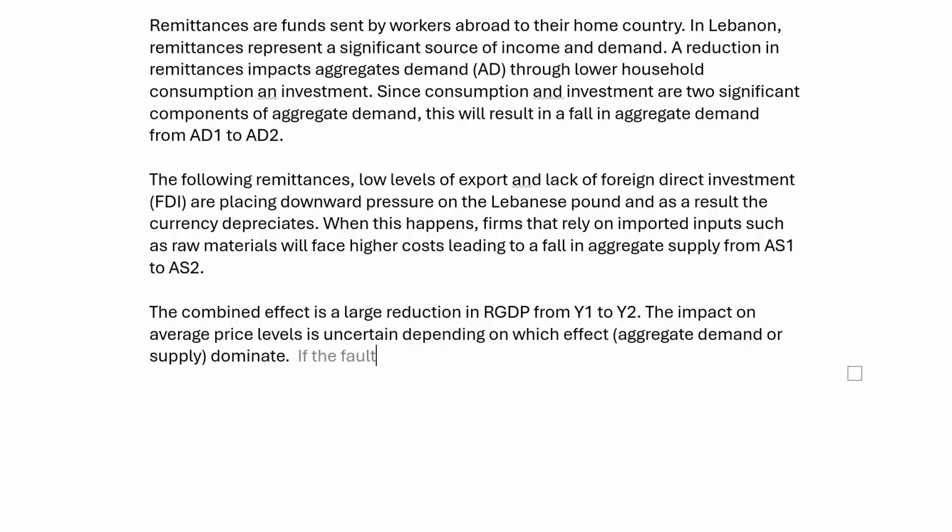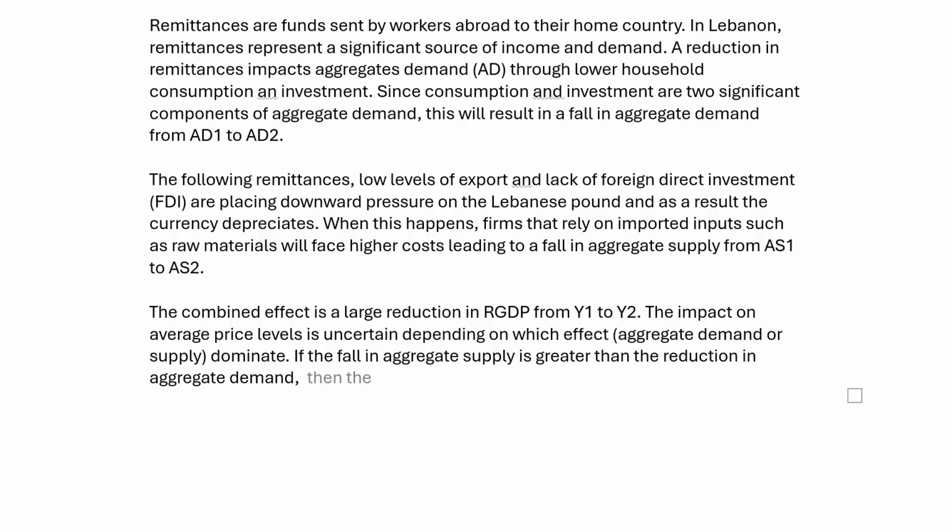If the fall in aggregate supply is greater than the reduction in aggregate demand, then the net effect will be higher prices and cost push inflation.